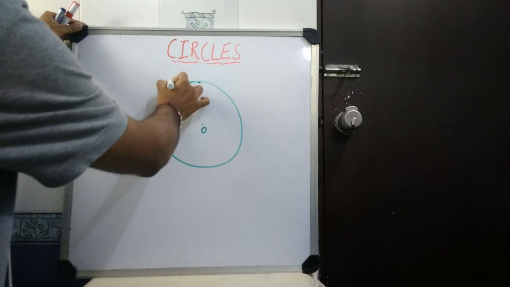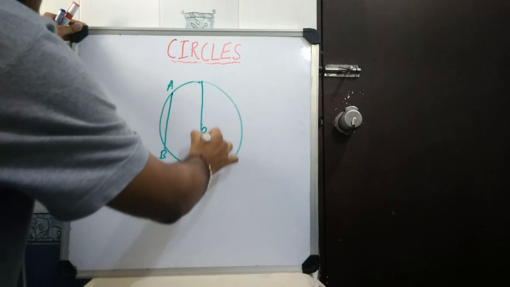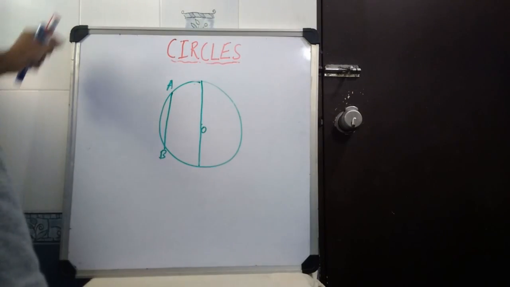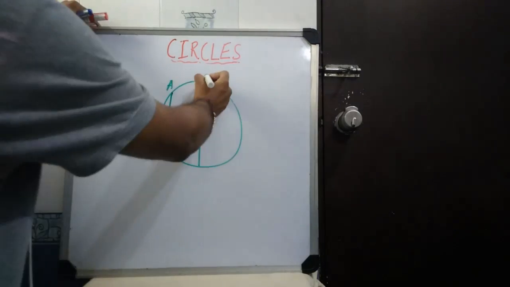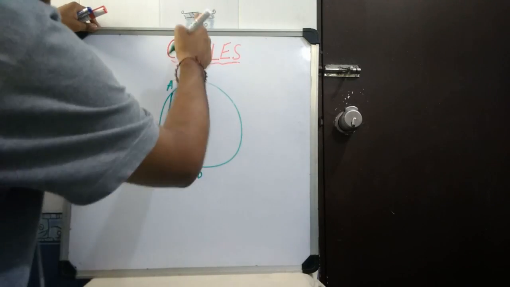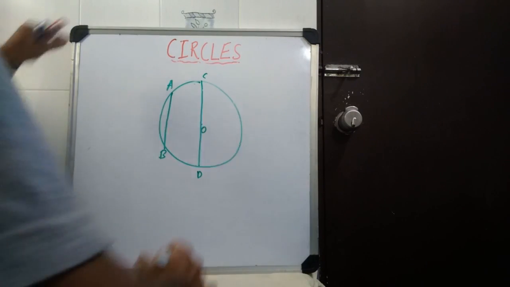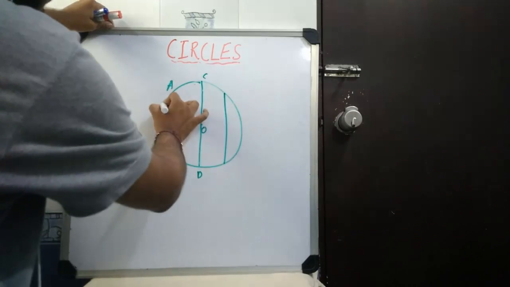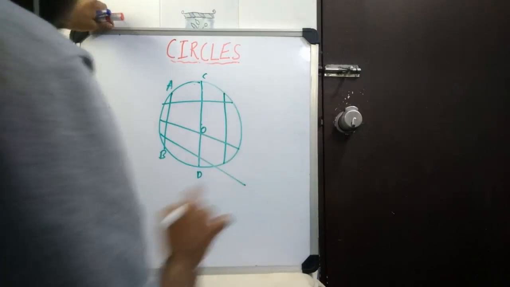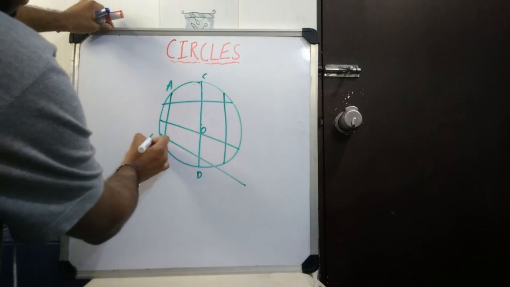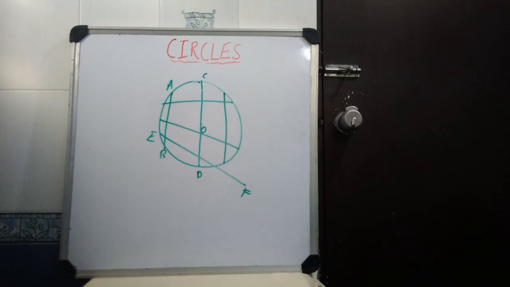So, this is AB, this is a chord, and this is a chord. So, the diameter is a special case of a chord. CD is my diameter, and CD is the longest chord present in my circle, right? So this is a chord, this is a chord, this is a chord, this is not a chord. EF is not a chord because it is going outside the circle.